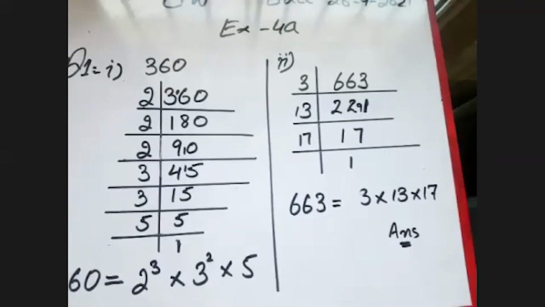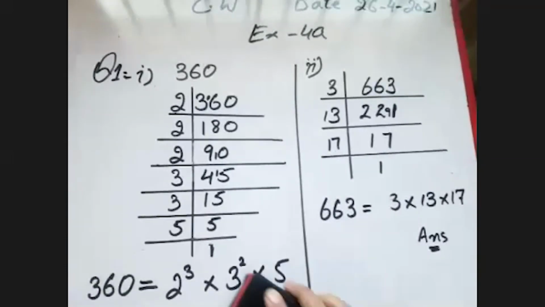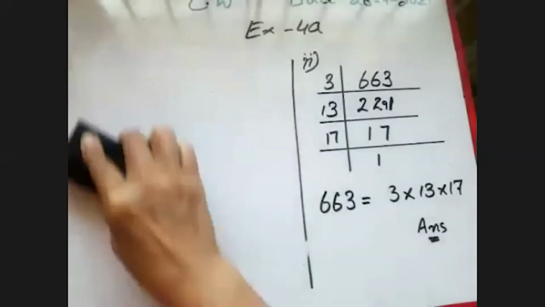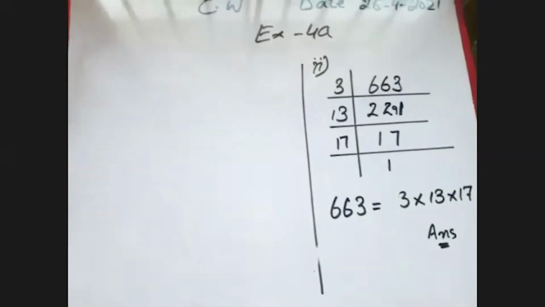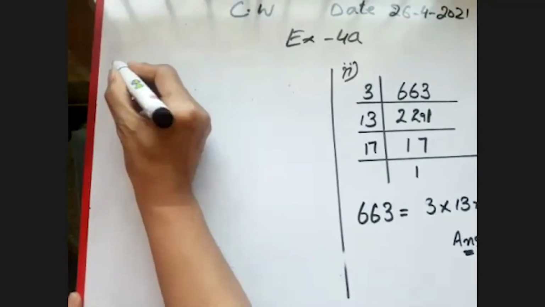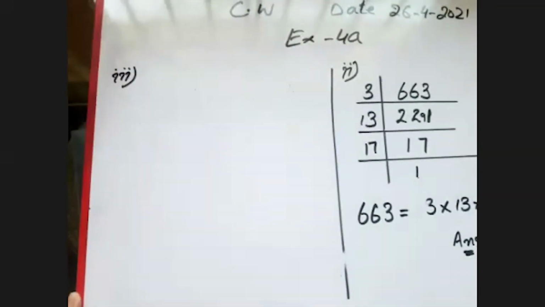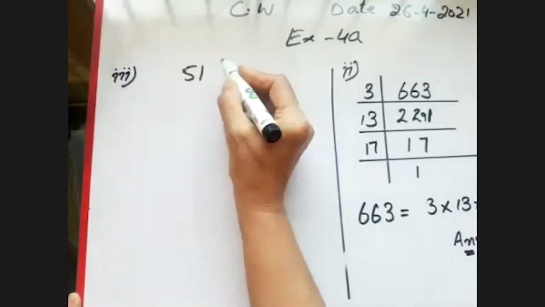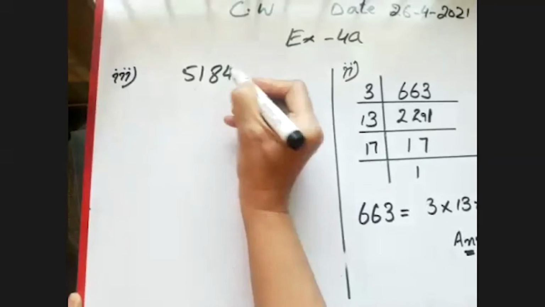Third part is 5184. This is the given number.